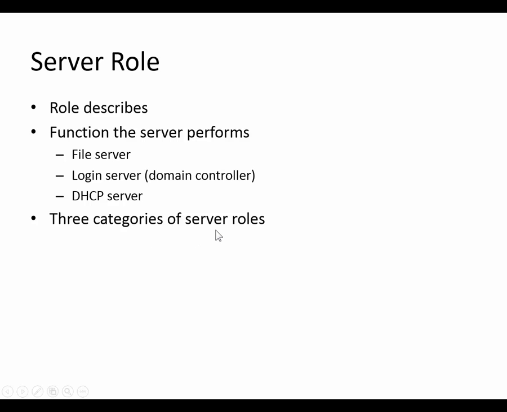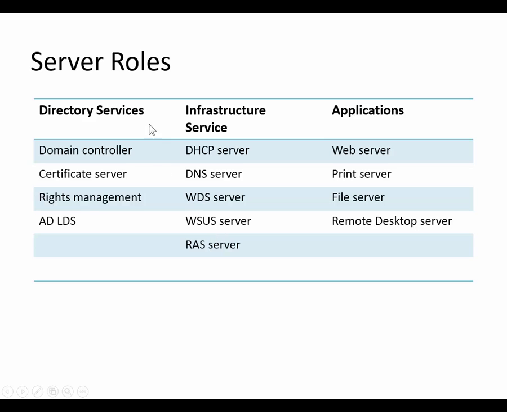There are three main categories of server roles: directory services, infrastructure service, and applications. An example of a directory services role would be the domain controller, the login server. Infrastructure service roles include DHCP server, DNS server, Windows deployment server, Windows update server, or remote access server.